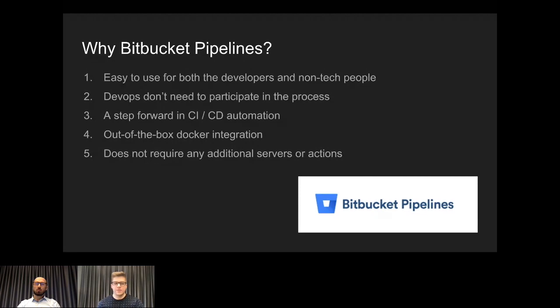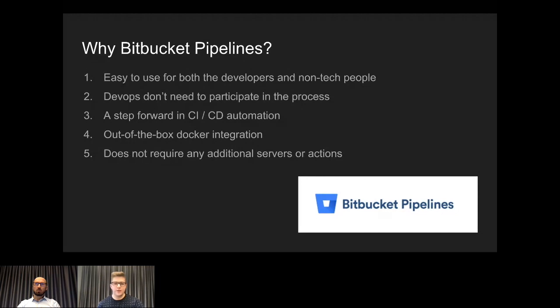And DevOps don't need to participate in the process. So anytime you need to change something, for example add another environment variable or change a value like the Google tracking code, you don't need to ask DevOps to do that, and you don't need to take their time for simple things like that.